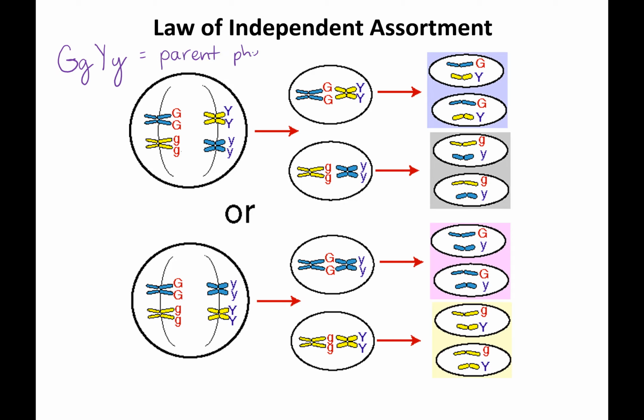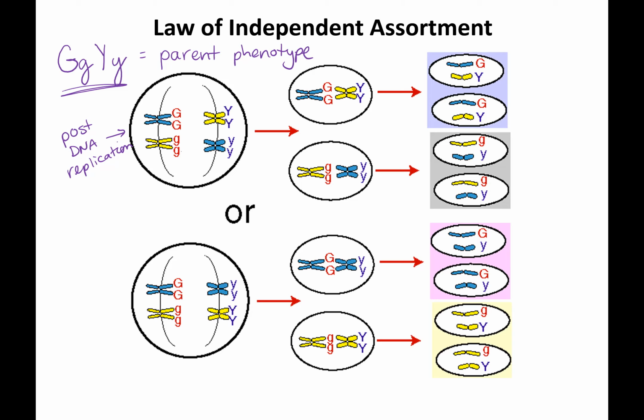I want you to make sure you understand that. Even though there are 2 big G chromosomes and 2 little g chromosomes, remember this is after DNA replication. So the genotype is big G, big Y, little y.